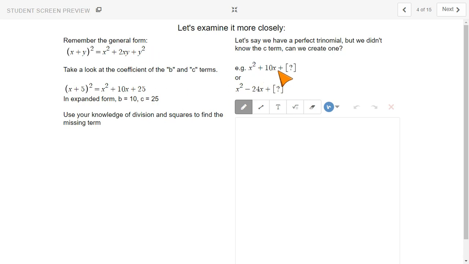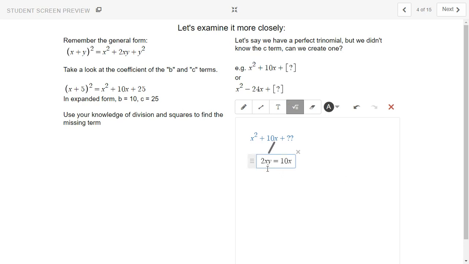So if we're ever given just a part of the equation and we know that this is a perfect trinomial, we're able to find out what it is because we know this pattern. So the first question, 2x squared plus 10x plus question mark. Now I know that this is created by 2xy, and that's 10x.